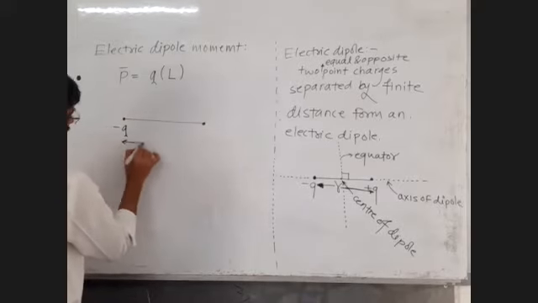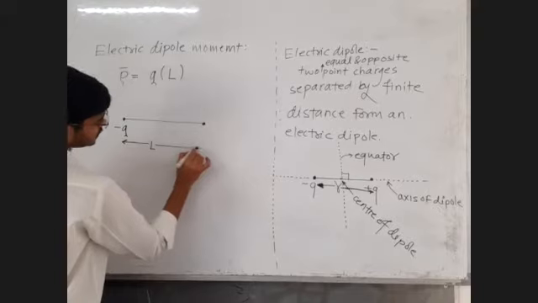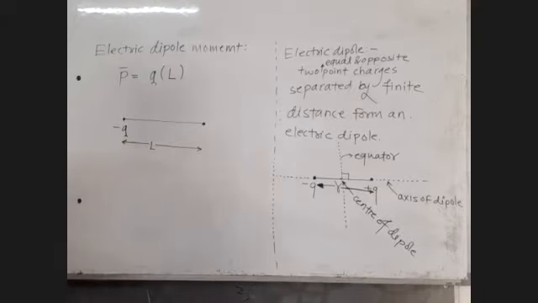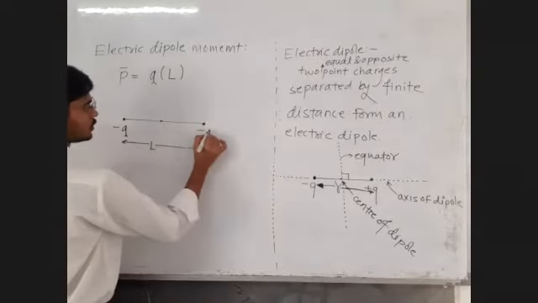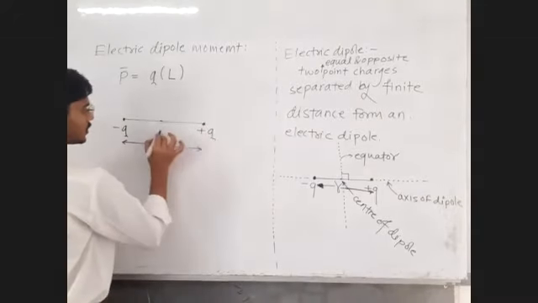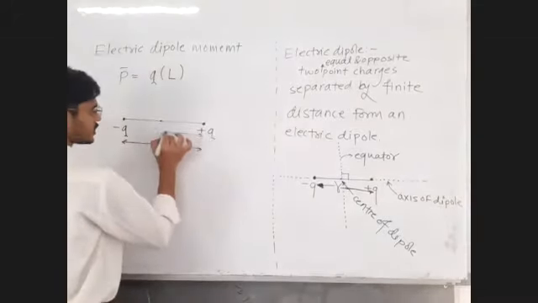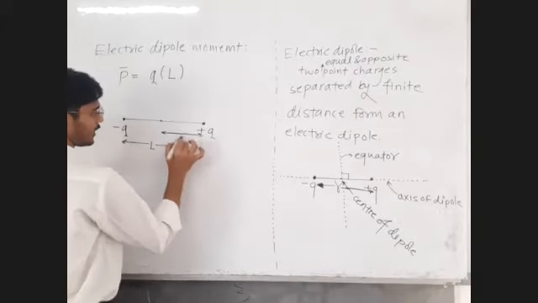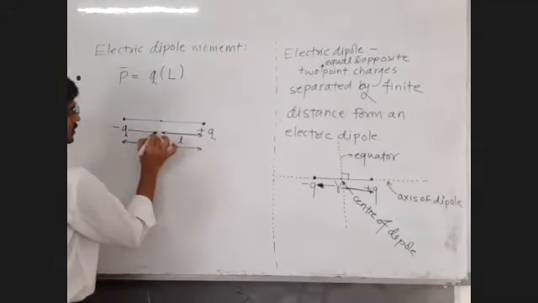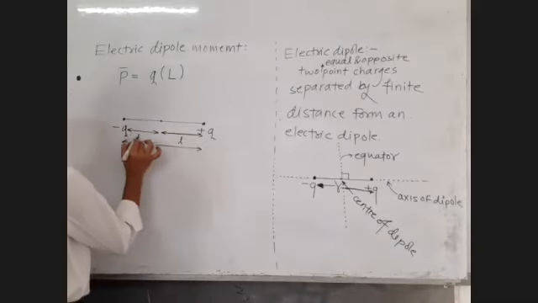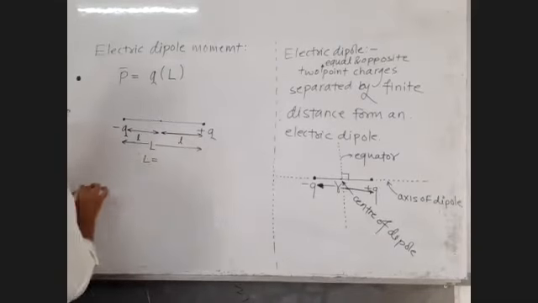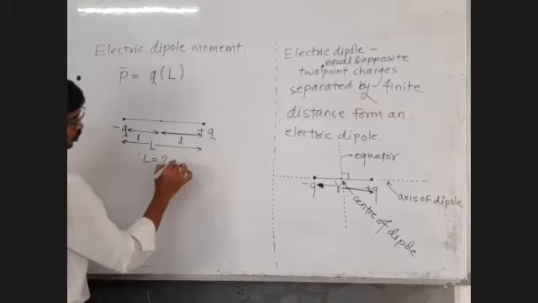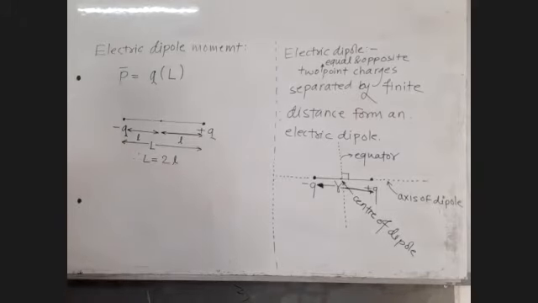For a dipole, the distance between the two point charges is represented by capital L. This is the center of the dipole, this is the positive charge. This half distance is generally represented as small l, and therefore capital L, the length of the dipole, is equal to 2 times small l. These are the conventions to be used.